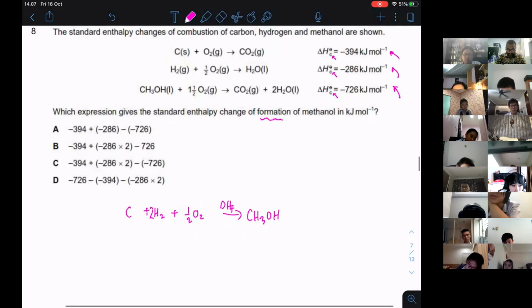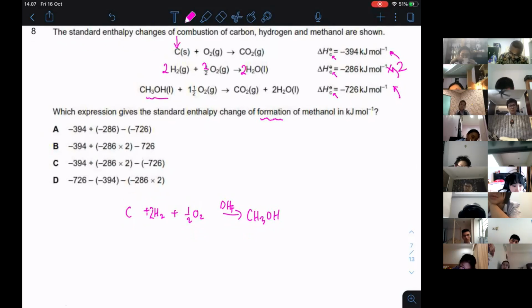Carbon is on my left, I need not do anything. Hydrogen, there are 2 hydrogen, so I need to times everything by 2. To form CH3OH, I want 1 mole of that, so I need to change the equation.